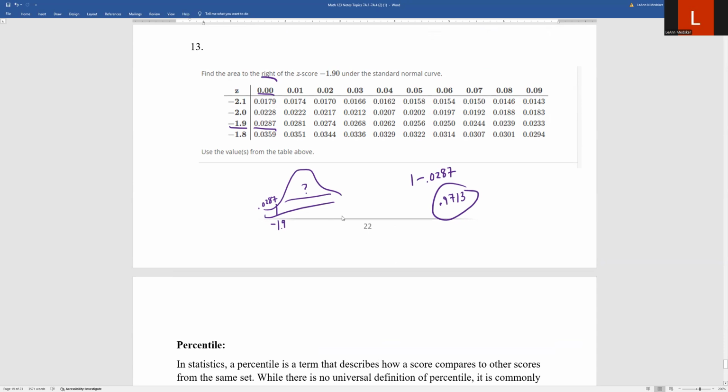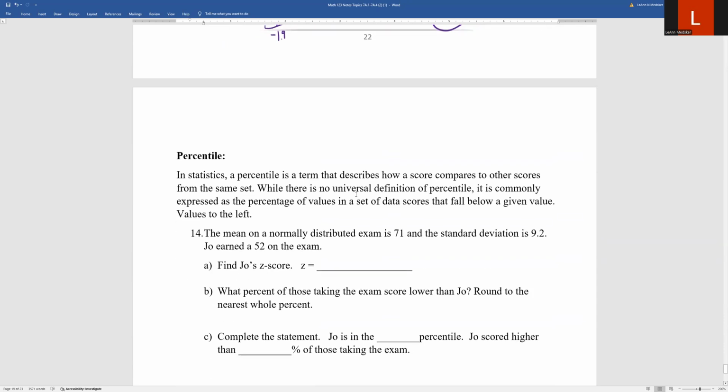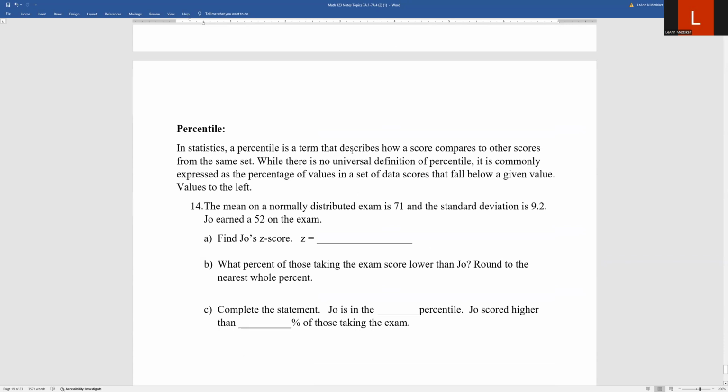All these little decimal values in this table are percentages in disguise where they tell you the percent to the left. So they're technically the percentiles. It says in statistics, a percentile is a term that describes how a score compares to others from the same set. While there is no universal definition of percentile, it's commonly expressed as a percentage of values in a set of data scores that falls below a given value. So values to the left.